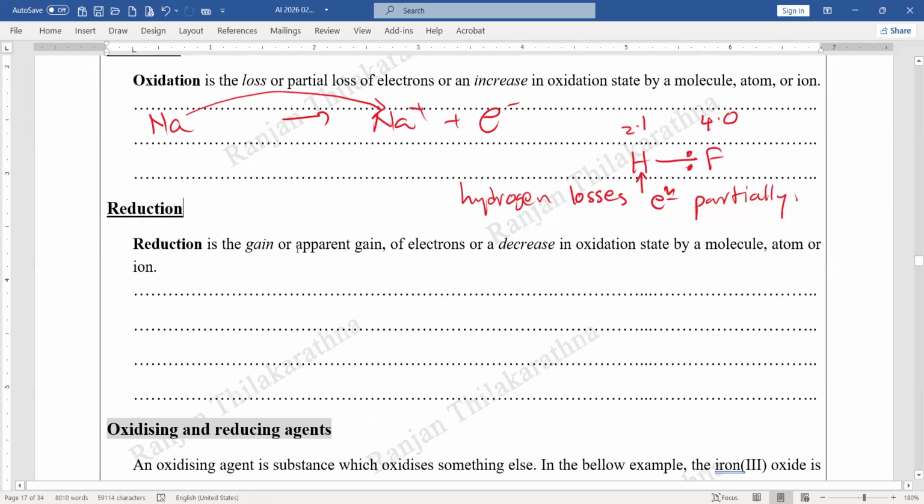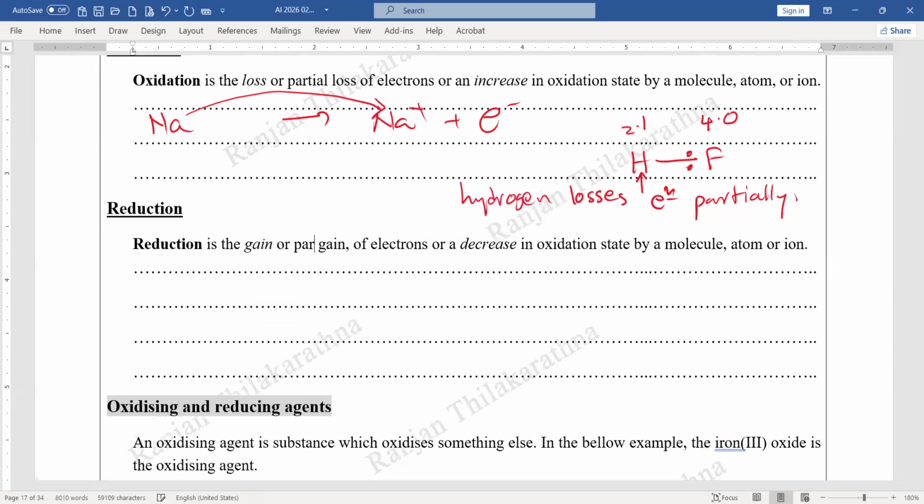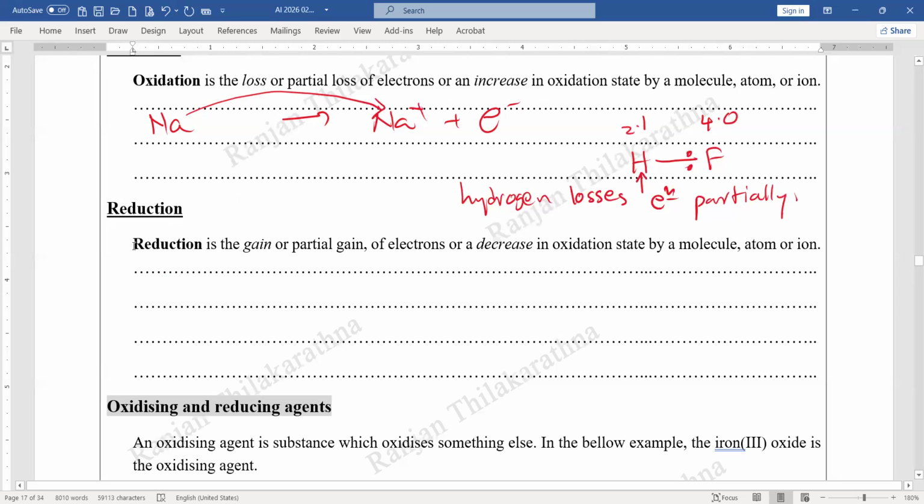Then the reduction, gaining or partial gain of electron, is called reduction. In reduction, the oxidation state will decrease. If you have Fe2+, then it can remove an electron and form Fe3+.